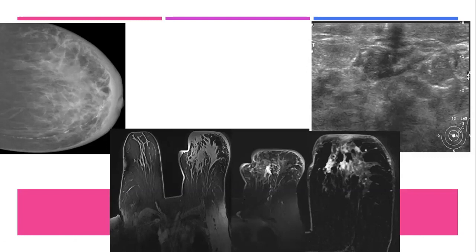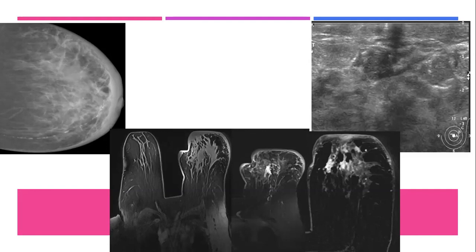Pre-contrast does not show masses, it demonstrates only diffuse edema. The breast is enlarged with thickening of the parenchyma as well as the skin. And post-contrast shows multiple areas of contrast enhancement. So we call them masses.